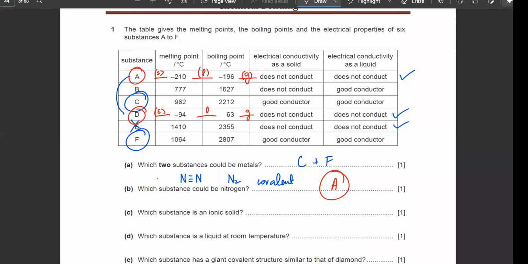So in this case, which one is the compound that's ionic? Anyone? Which one is ionic?